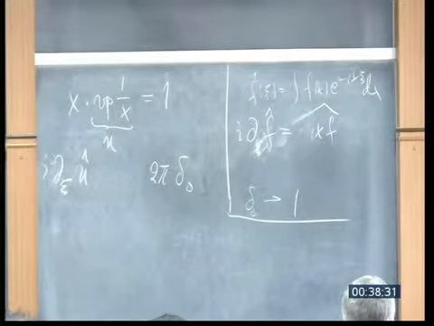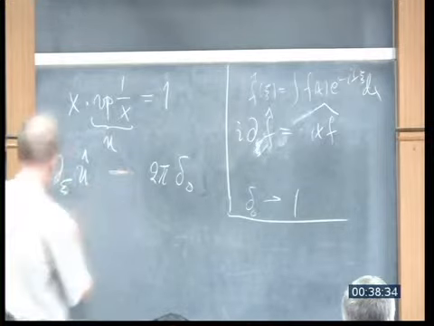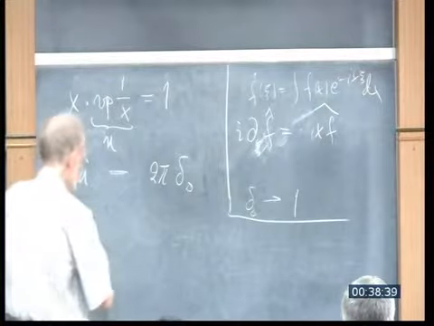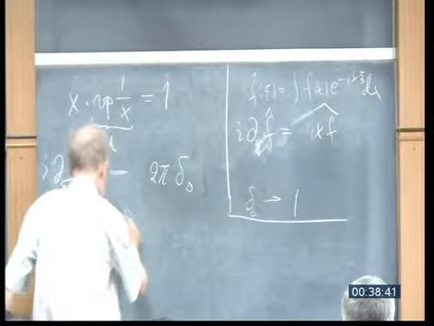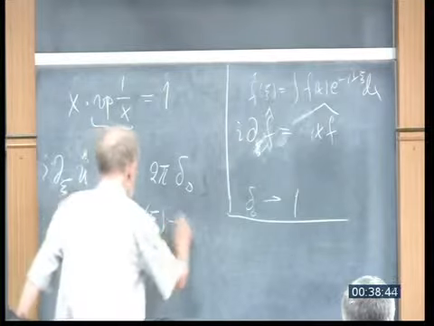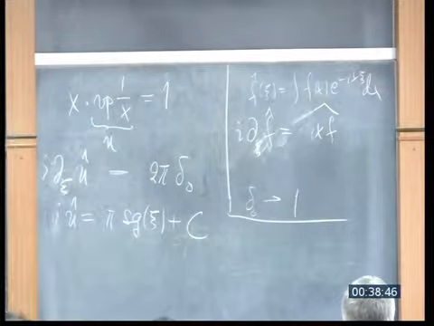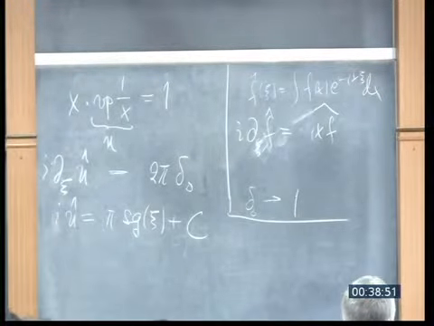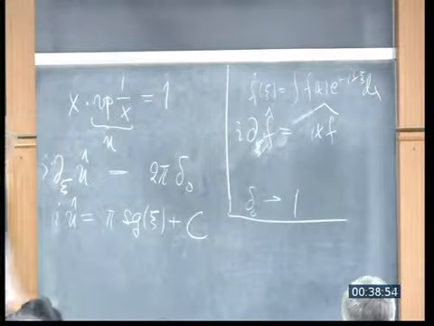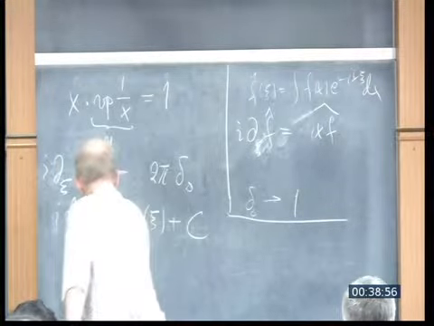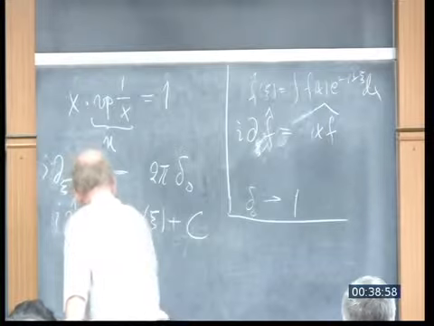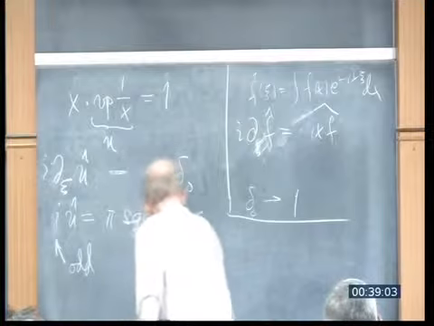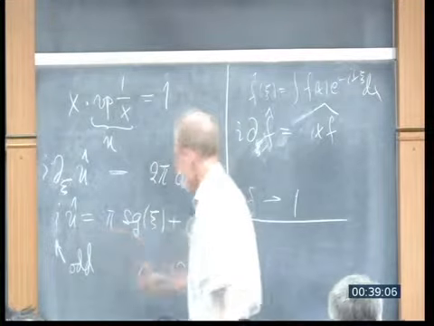Exactly. And now integrate. I get i u hat is equal to pi sine function of c plus a constant. Now I know that u is an odd distribution, so u hat must be an odd distribution or function, and that can only be the case if the constant equals 0.